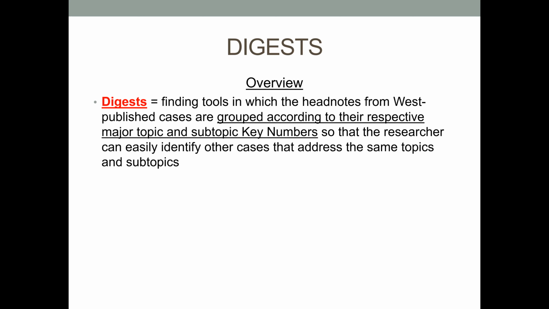But these digests also are available now online. And so if you have Westlaw, you will have access to their topic and key number system, which works similarly, but it's just been adapted to the online format, which we'll see in the next lecture, Part B.